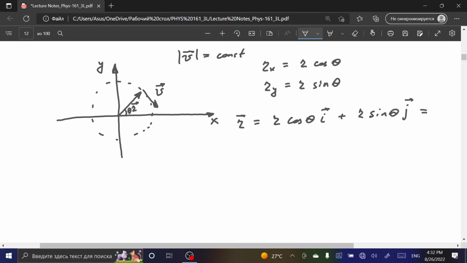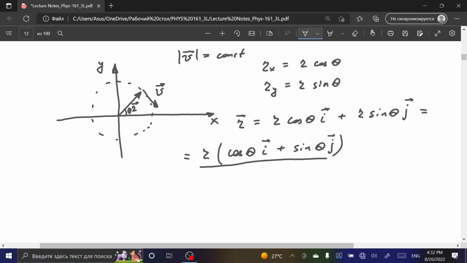We can take R, the radius of this circle, out of parentheses, and that will be cosine theta times i plus sine theta times j. Okay, so we made a first step in order to represent this radius vector.